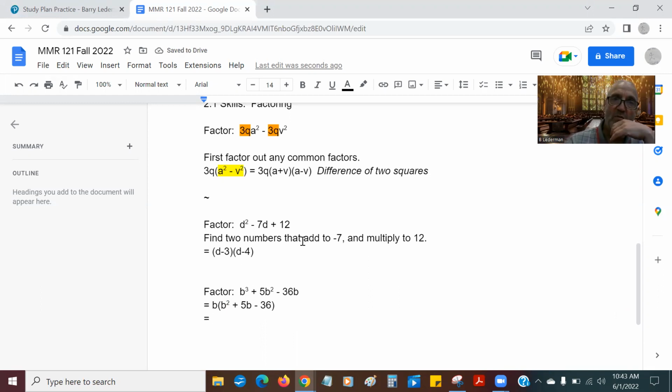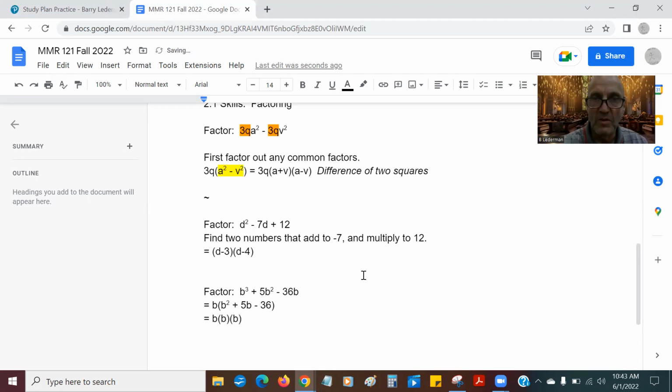So I'm going to find two numbers that add up to +5 and multiply to negative 36. And now don't forget the b. I put a b there and a b there.